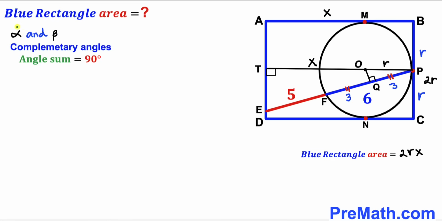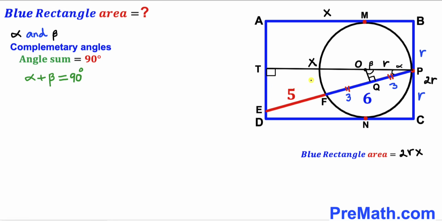Now let's assume that alpha and beta are our 2 complementary angles. In other words, the sum of these 2 angles, alpha plus beta, must be equal to 90 degrees. Let's assume that this tiny angle is alpha. In this tiny right triangle OQP, we know this angle is 90 degrees, so this angle has got to be our angle beta.